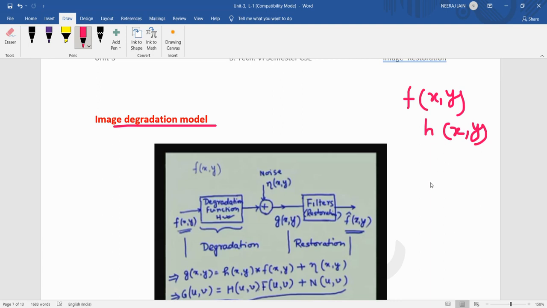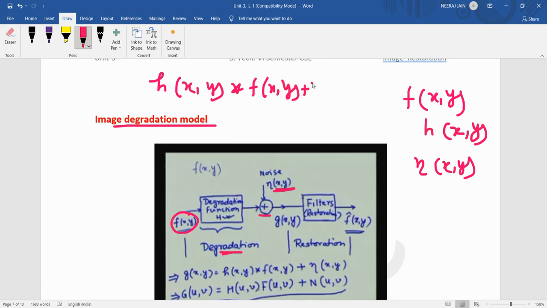Now the noise entered in the system is denoted by eta(x,y). Here f(x,y) is the original image, and we first get the convolution of the degradation function h(x,y) with the image f(x,y), and the noise signal is added to it, that is eta(x,y).